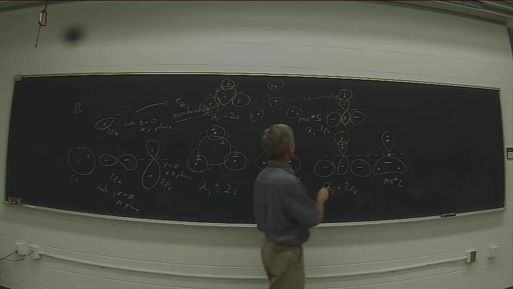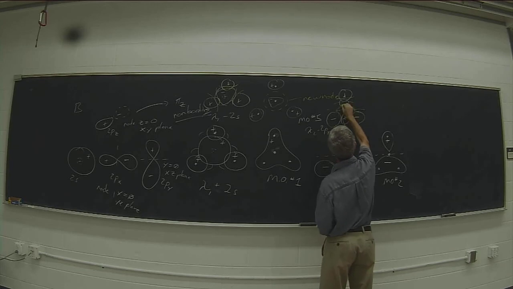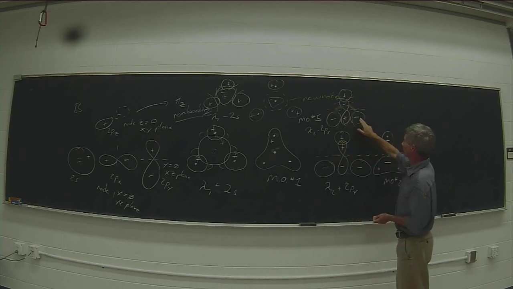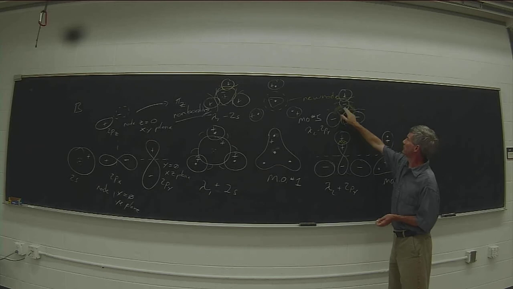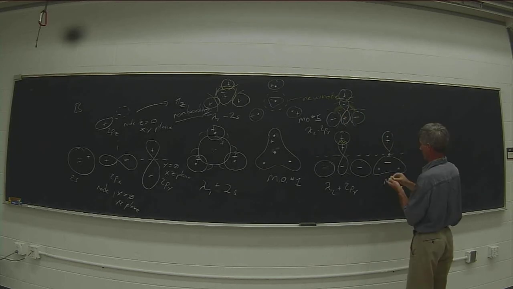There'll be a little bit of constructive overlap here, though, because those hydrogen 1s orbitals may reach out enough to interact with the top lobe of the 2p orbital.